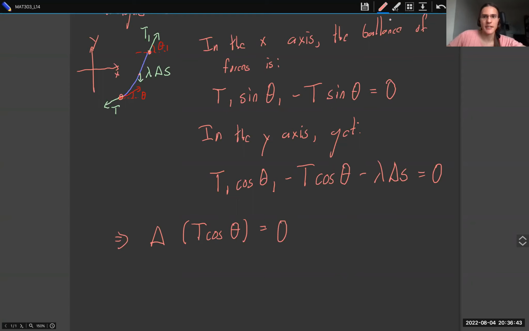Sorry, delta t sine theta is equal to 0. Sorry, this is along the x-axis. I don't know the difference between my cosines and sines. So del t cos theta is equal to 0, and del t sine theta is equal to lambda del s.